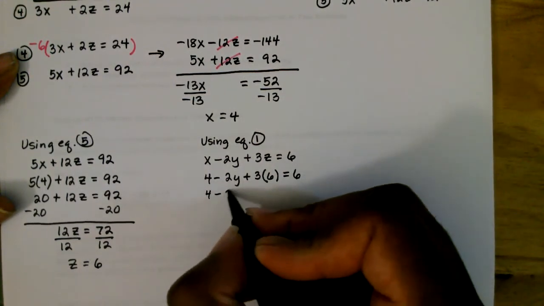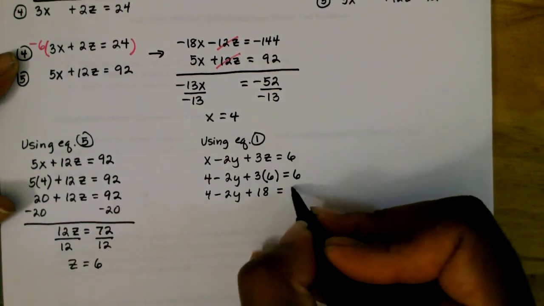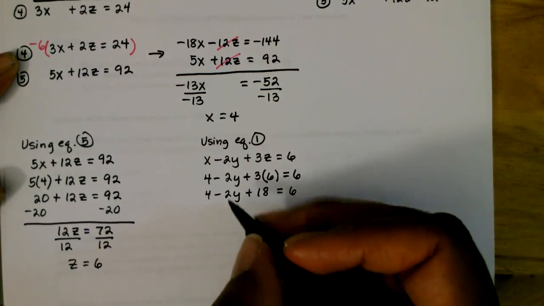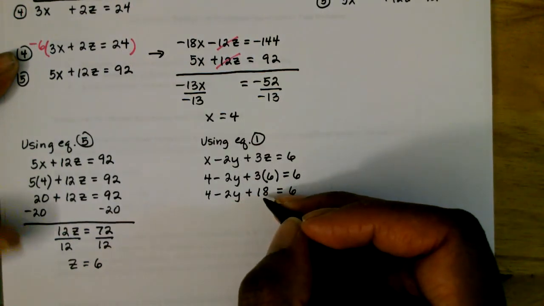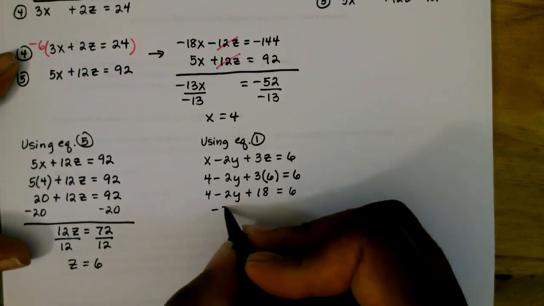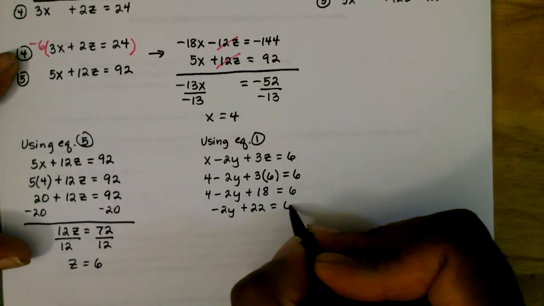And bring down the 4 minus 2y and multiply 3 times 6, which is 18. That's equal to 6. Add 4 and 18 together, you'll get 22. So I have -2y plus 22 is equal to 6.